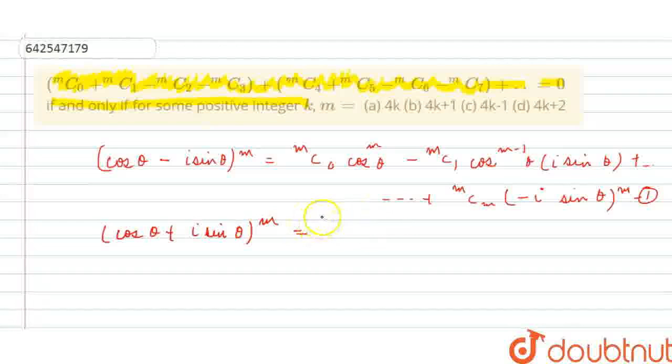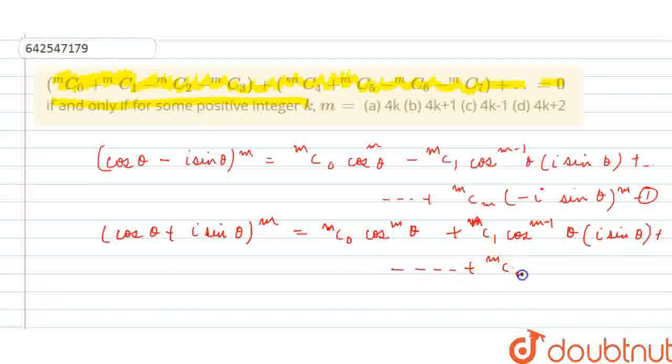So that would be equal to mC0 cos^m theta plus, basically all the terms would be positive, so mC1 cos^(m-1) theta iota sine theta, all the terms would be positive, and this will go up to mCm (iota sine theta)^m. Let it be equation number 2.